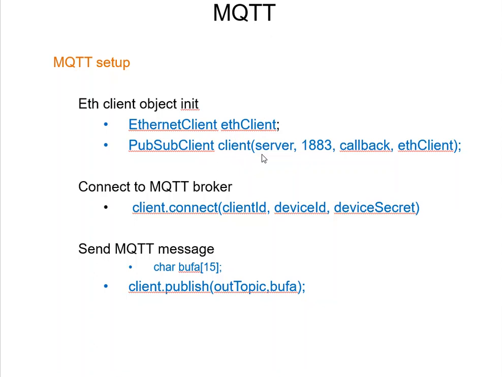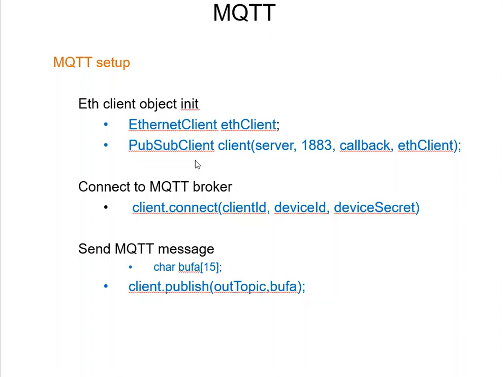As parameters for the MQTT client, we give the server IP number and the port number, where 1883 is the default value for the MQTT protocol. And then there is the callback function, in case we receive some incoming messages, and here is the reference for that client library object.